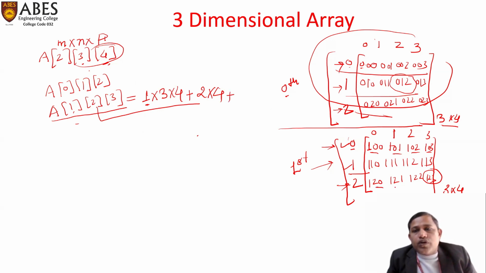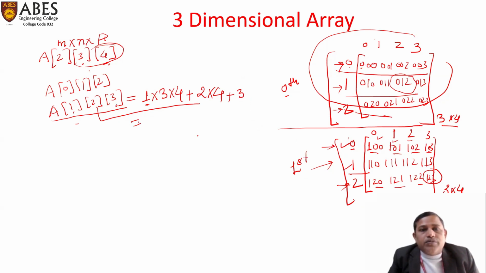Then you cross 3 more elements, which is the column index.